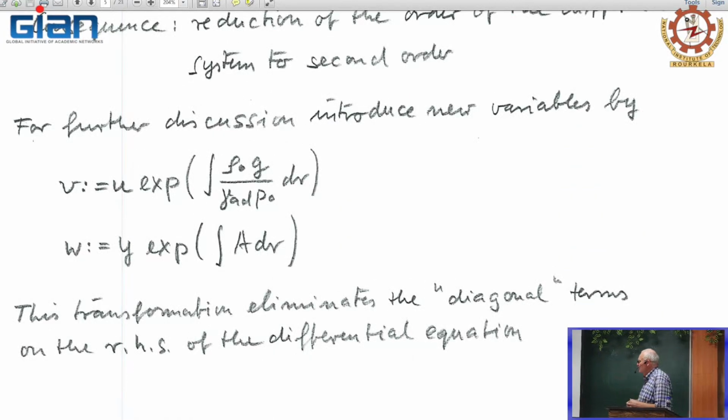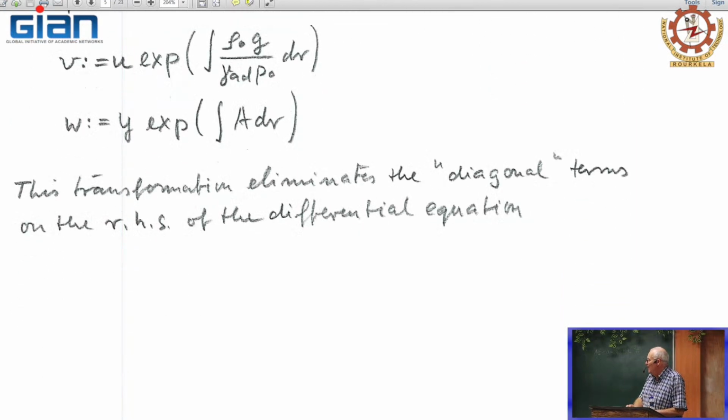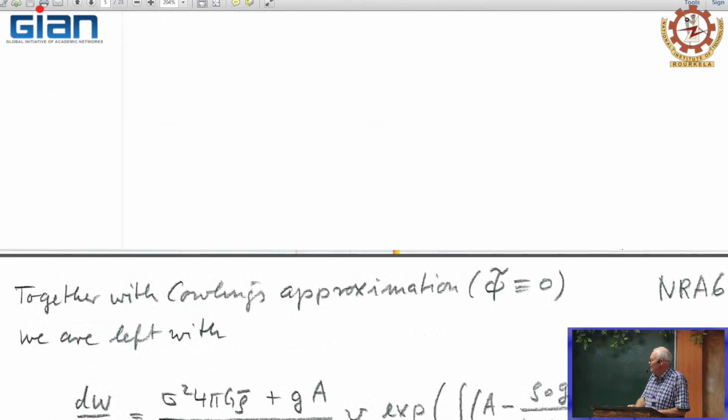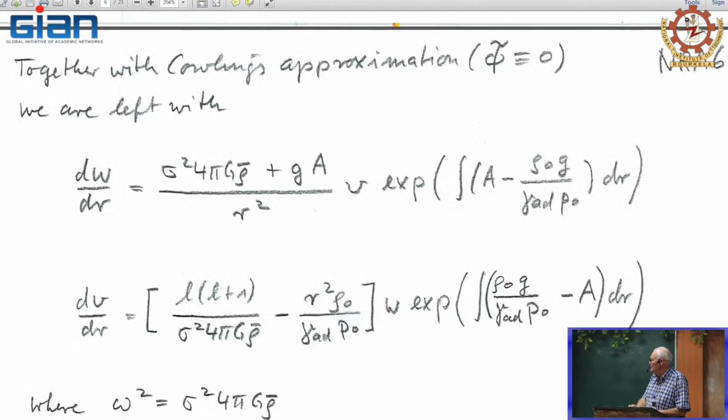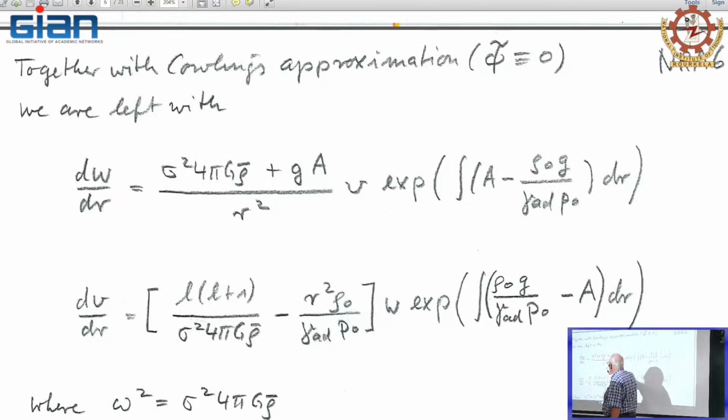The transformation eliminates the diagonal terms on the right-hand side of the differential equation, and together with Cowling's approximation, we are left with two differential equations. dw by dr is sigma squared times the mean density plus the expression GA divided by r squared, times v times the exponential expression here, and the difference of these two integrals.